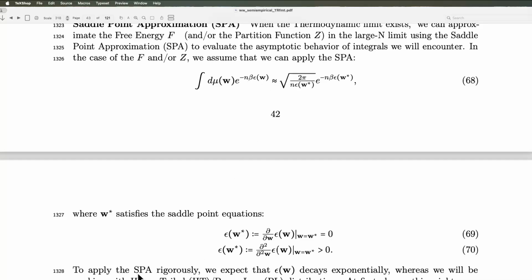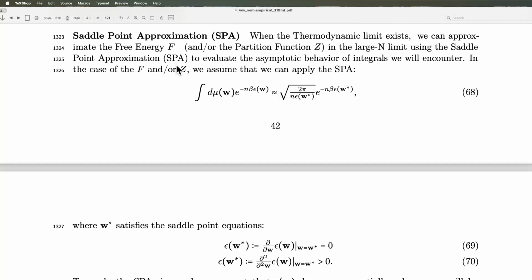That's what we're doing here in the SPA: we're getting rid of these thermodynamic fluctuations. And that may not be the case. This saddle point approximation is not necessarily true in the thermodynamic limit. We're just going to pretend it is because we want to get a nice formal result. Does that help?